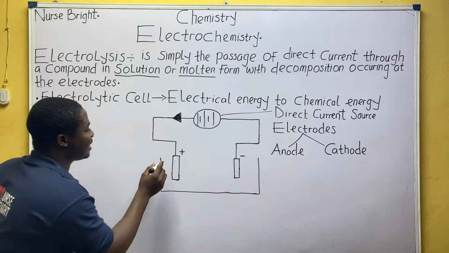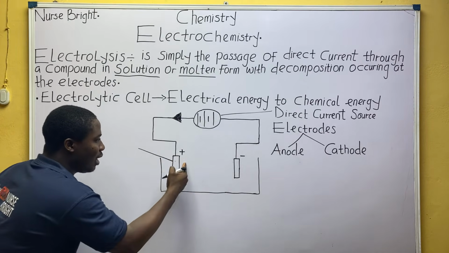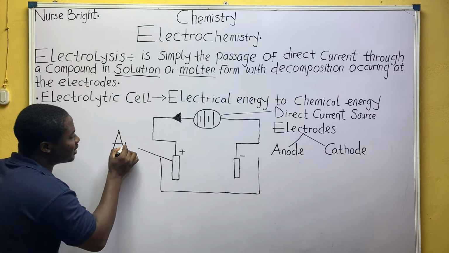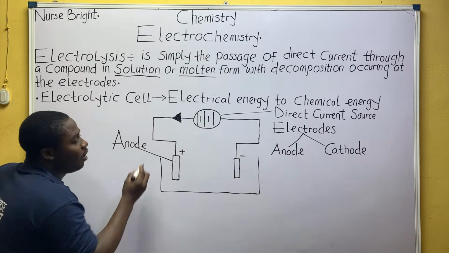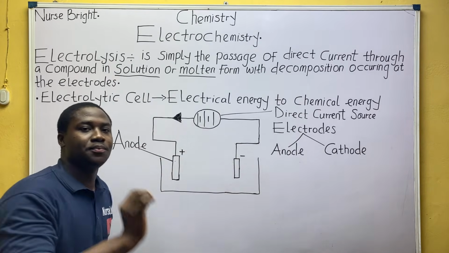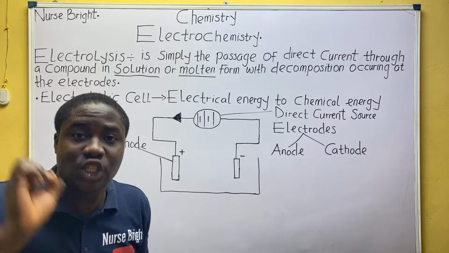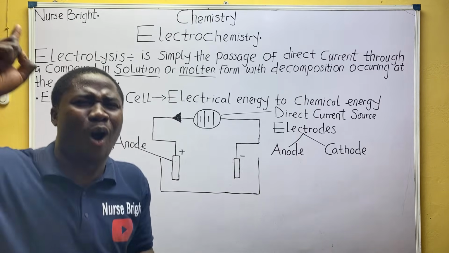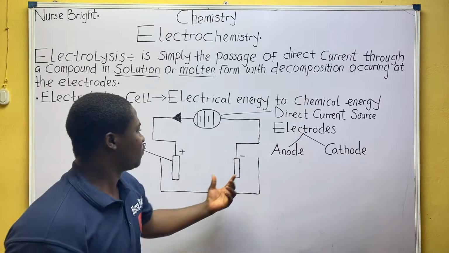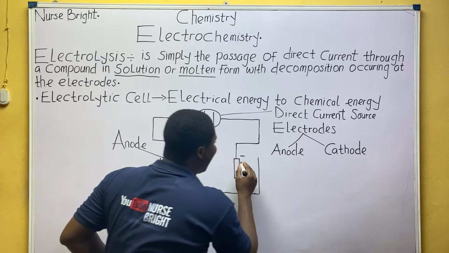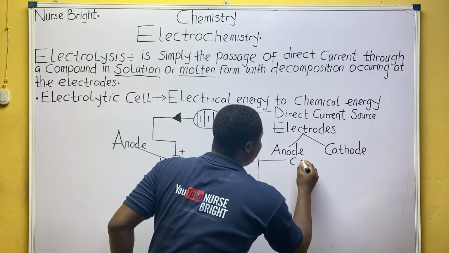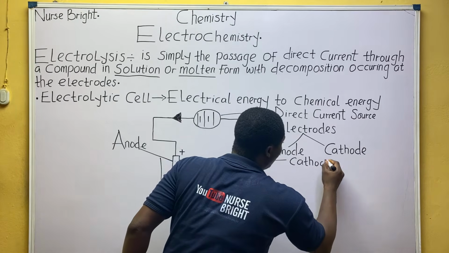Just note this, class. The electrode that is positively charged is called the anode, while the one that is negatively charged is called the cathode.